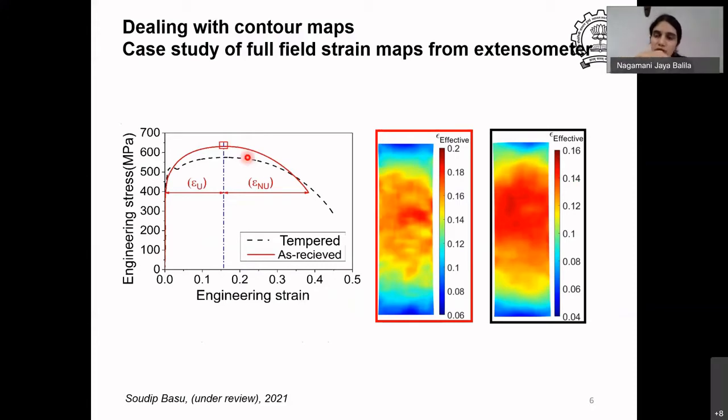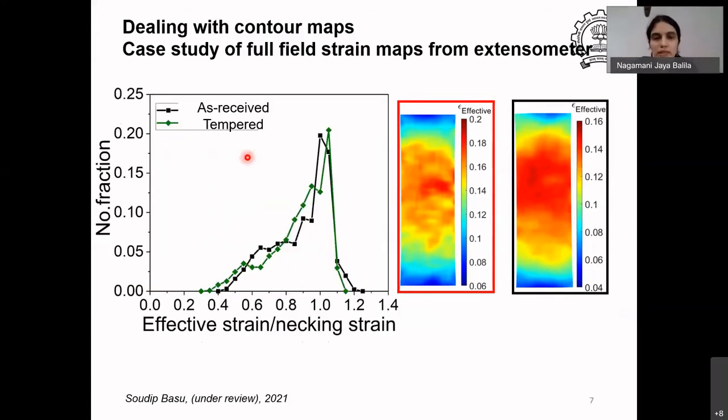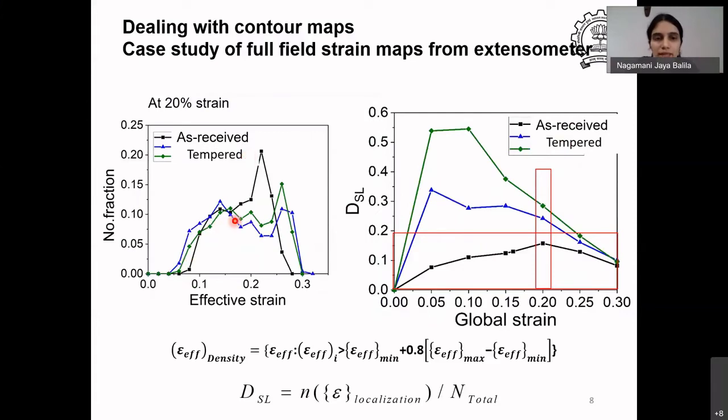The sample deforms too much and necks down. So in that region, if you look at the tempered cases, they show a more non-uniform distribution. There is a region of high strain. There is also a region which is peaking at low strains. Whereas the as received sample is not doing so badly. The tempered cases have a wider distribution.